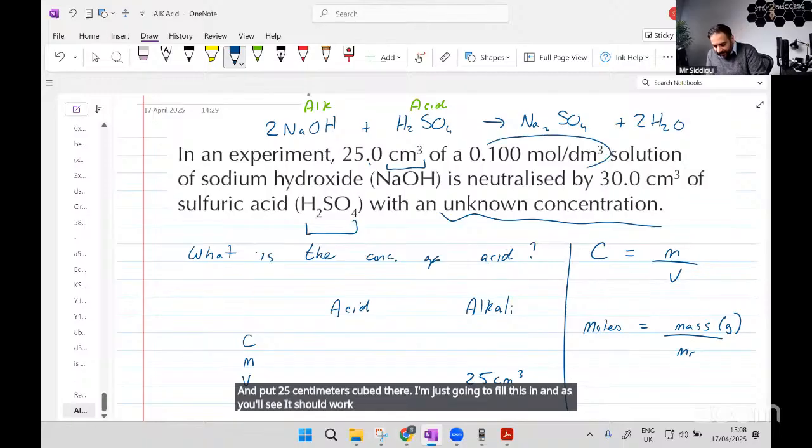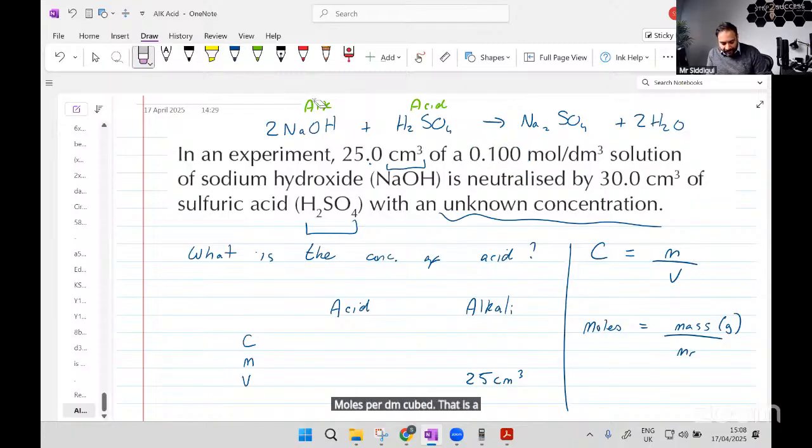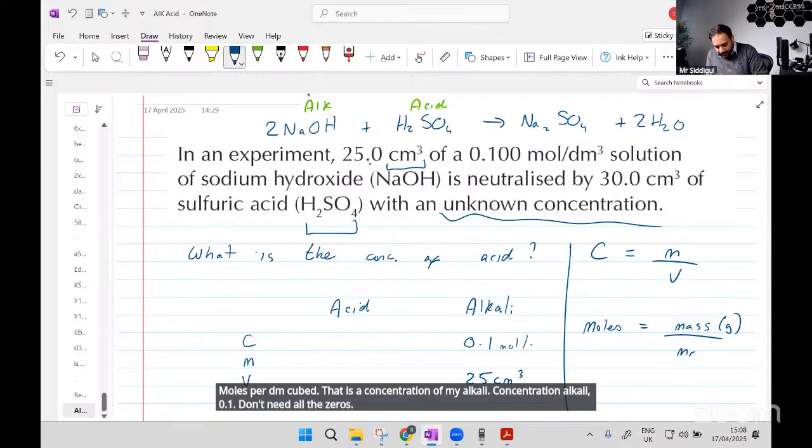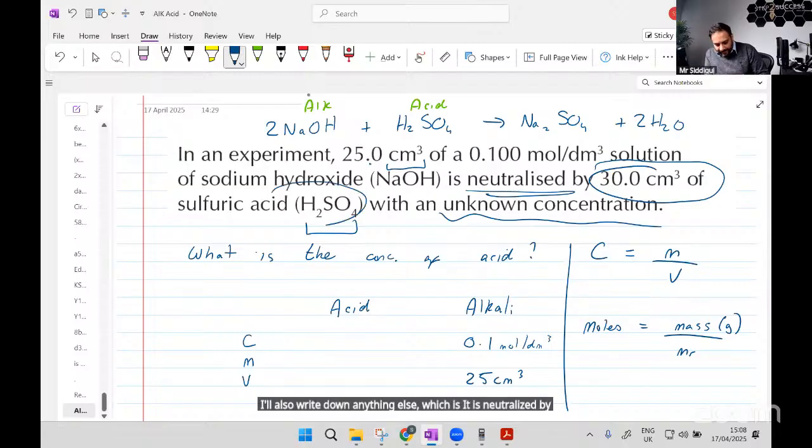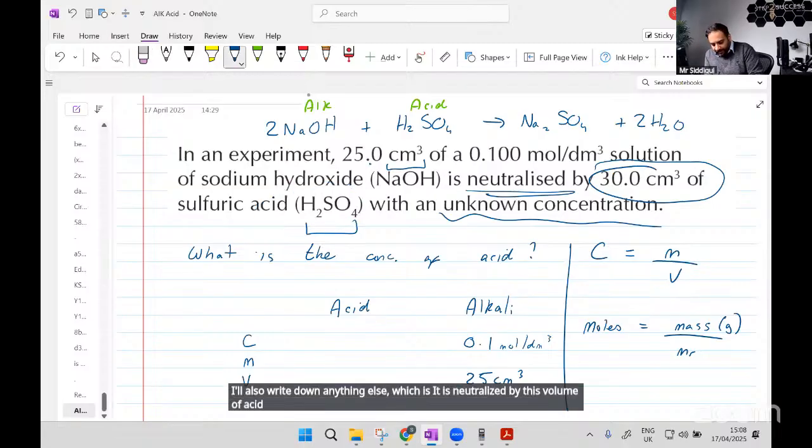It then tells you here the concentration of the alkali as well, 0.1. That unit is for concentration, how strong it is, moles per dm cubed. That is the concentration of my alkali. Concentration, alkali, 0.1. Don't need all the zeros. Moles per dm cubed. Written that down. I'll also write down anything else, which is it is neutralized by this volume of acid. So that's the volume of the acid.